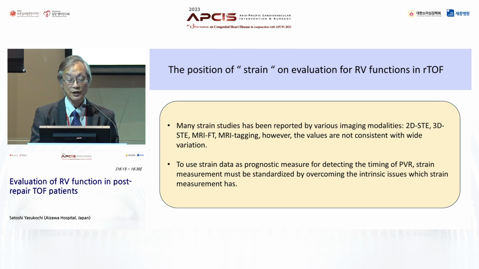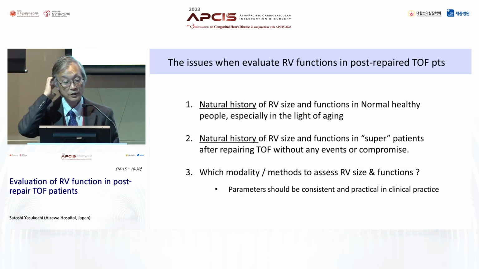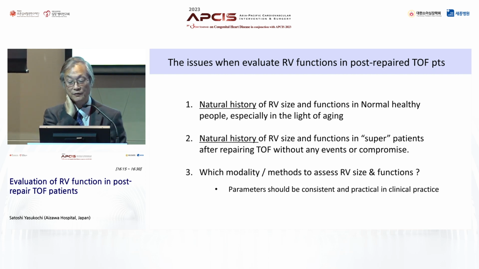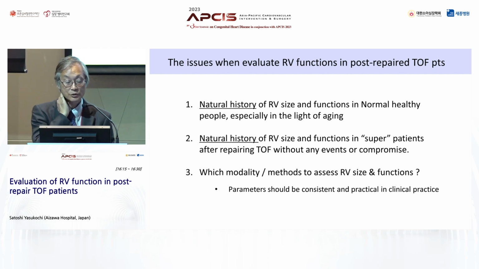The issues when evaluating RV function in post-repaired tetralogy of Fallot are that we have to understand the natural history of RV size and function in normal healthy people, especially with aging, and the natural history of RV size and function in repaired tetralogy patients without any events. And lastly, which modality and method to use to assess RV size and function.